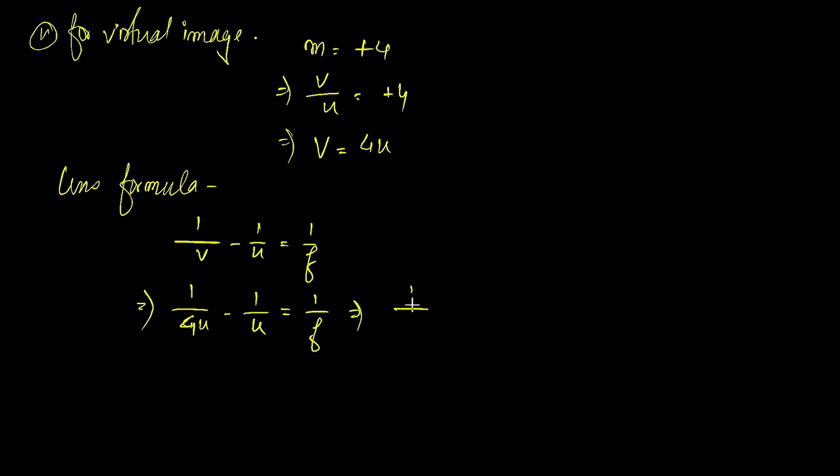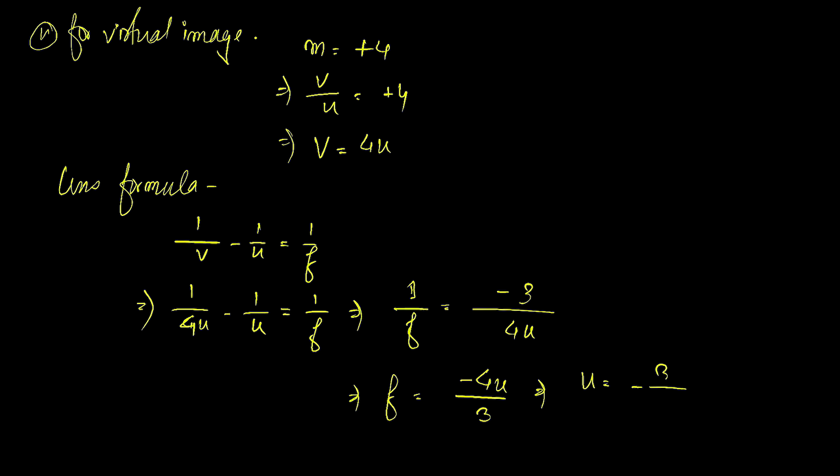This part, 1 by f is equal to 1 minus 4 by 4u, that is minus 3 by 4u, right? Now, if you solve this part, f is going to be how much? Minus 4u by 3. So you need u. So u will be minus 3 by 4 into f, right?